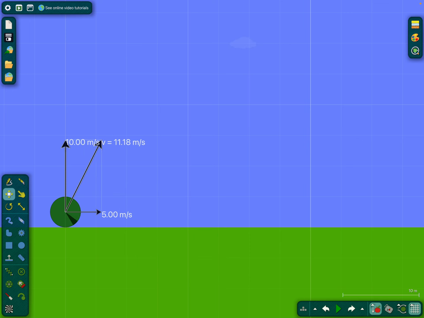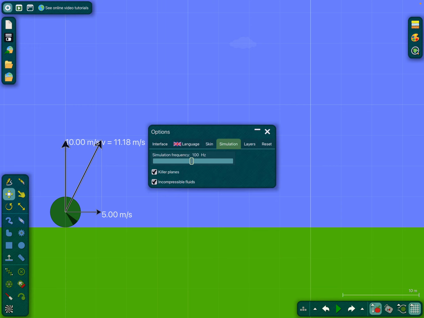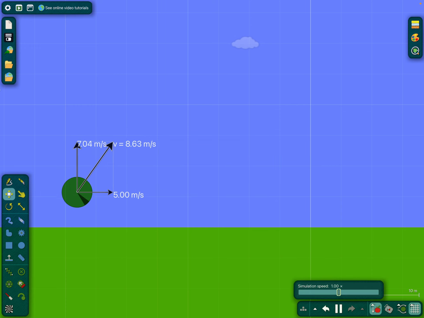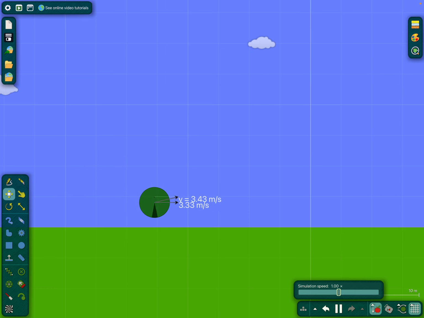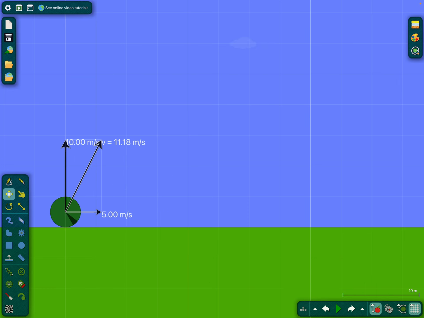Okay. Let me change the resolution on this thing. It'll run smoother. There we go. Okay. So for this problem, let's go ahead and trace its motion.